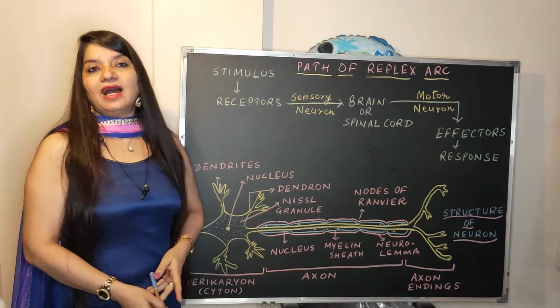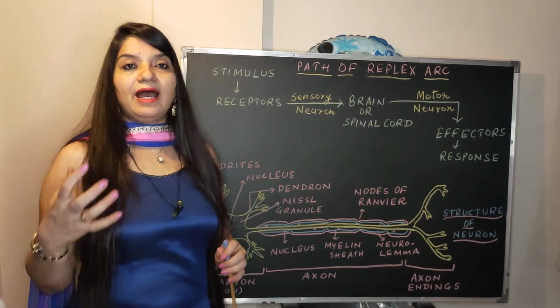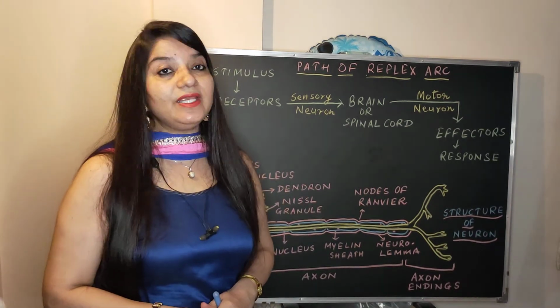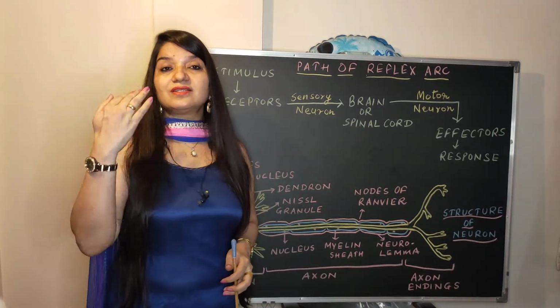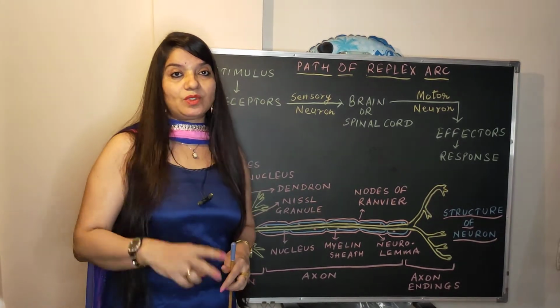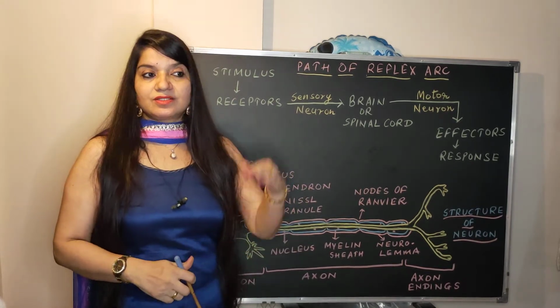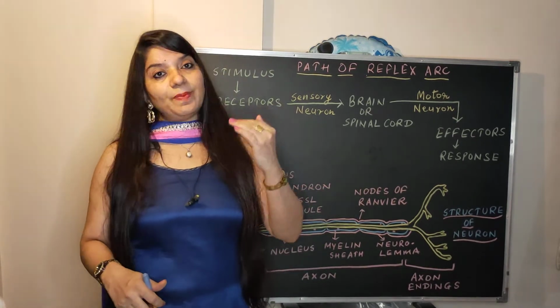Now next, I will just discuss the divisions of nervous system today, and then in my next lecture we'll straight away start with the brain. Nervous system is divided into 2 parts: central nervous system and peripheral nervous system. Central nervous system is again divided into 2 parts, brain and spinal cord.